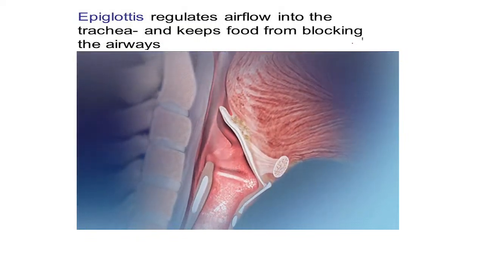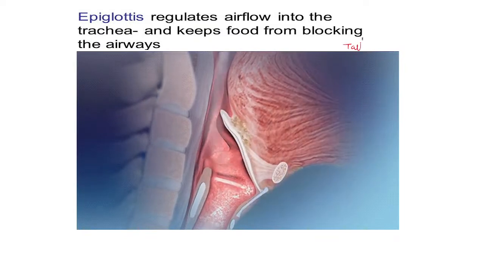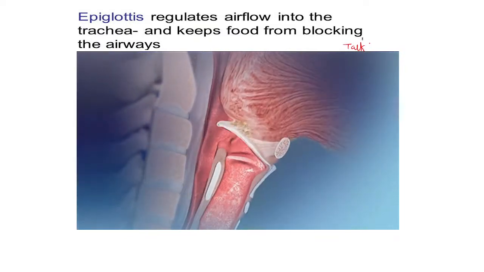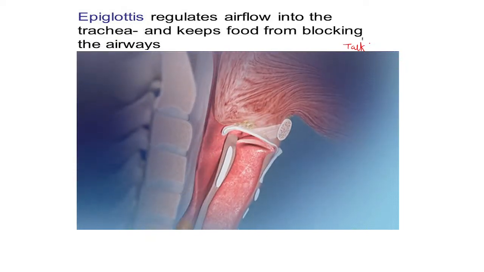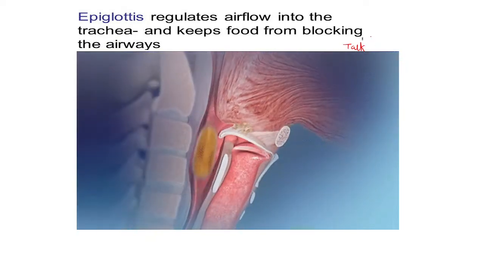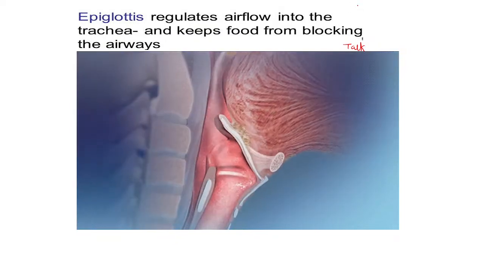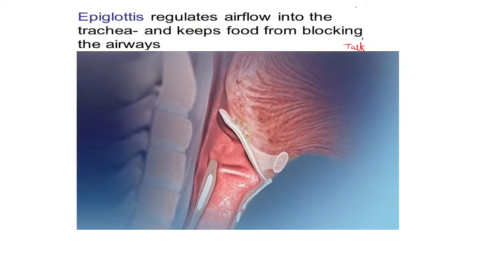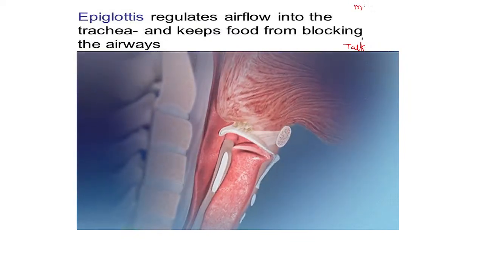That's the reason we are not supposed to talk when we are having our food. What is the reason? That is because when we talk, we inhale air. You should also know that the nose or nostril is not the only entry point for inhalation or exhalation. We also breathe in through our mouth.